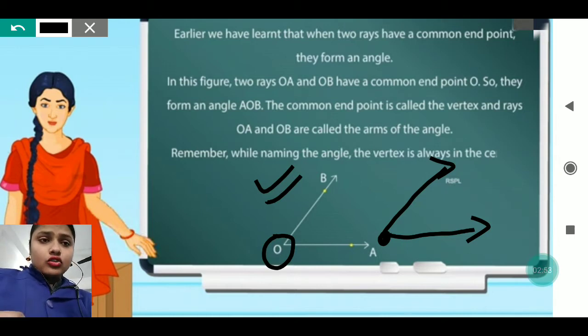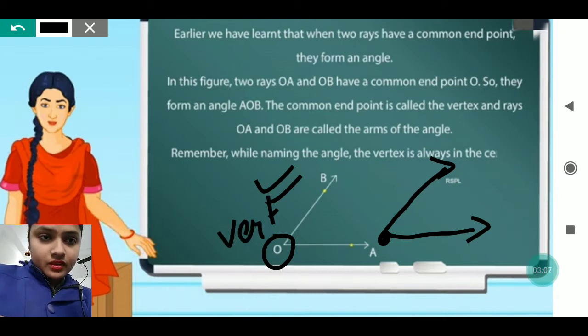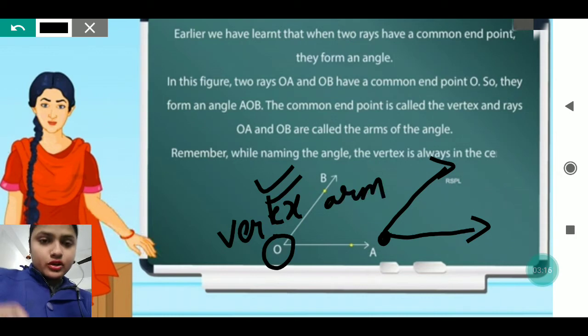The common end is called the vertex, and the rays OA and OB are called the arms of the angle. This common point O is called the vertex, my dear, and from O to B and from O to A, these are the arms.